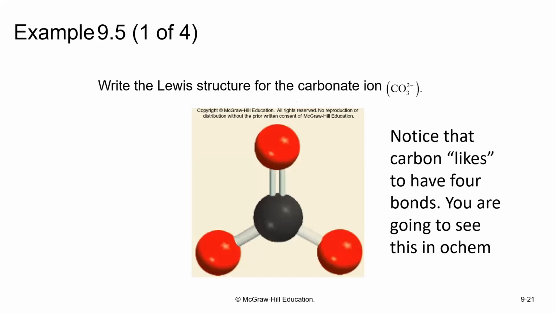Okay, so again, if you had to draw a Lewis structure for carbonate, we would want to have 4 bonds on the carbon. And yes, you're going to see this in OChem for sure. Carbon can have different, but it likes to have 4 bonds.